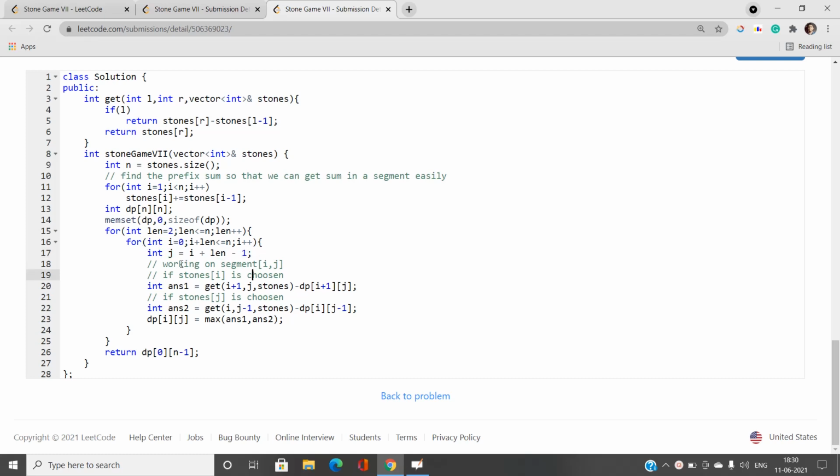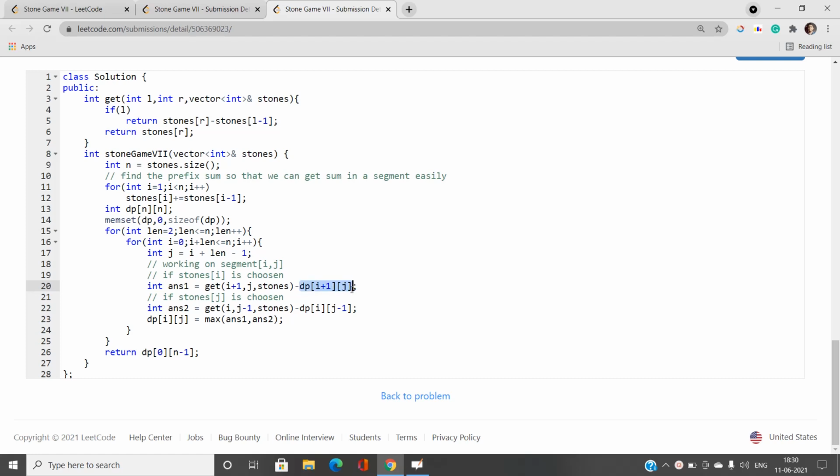I am currently working on a segment ij, and if stones of i is chosen, then my answer 1 is the current sum from i plus 1 to j minus the opponent's value for the new segment. The new segment is one length lesser than the current segment, and it is basically dp of i plus 1 up to j.